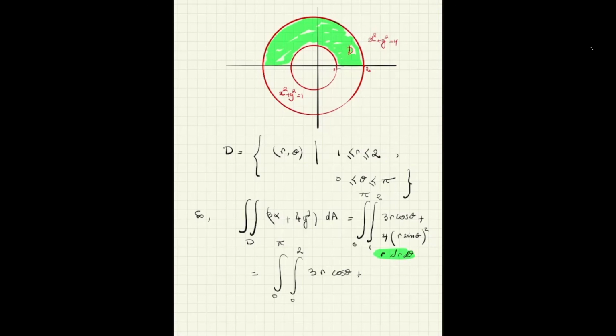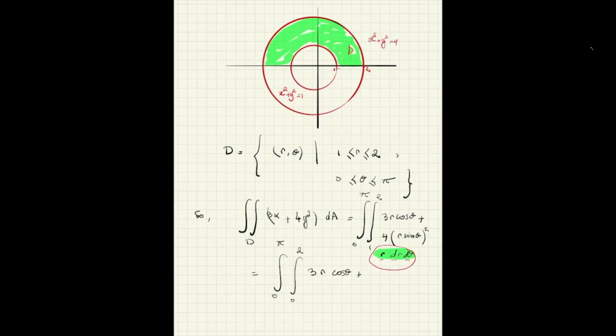A lot of students forget this. You might be tempted to just substitute dA by dr d theta, and then people forget r, and then it doesn't give you the right answer. And of course, this is not a computation error, so don't expect to get any extra points. This is a conceptual error, because the area doesn't translate into dr d theta. There's a factor r that plays the role here.